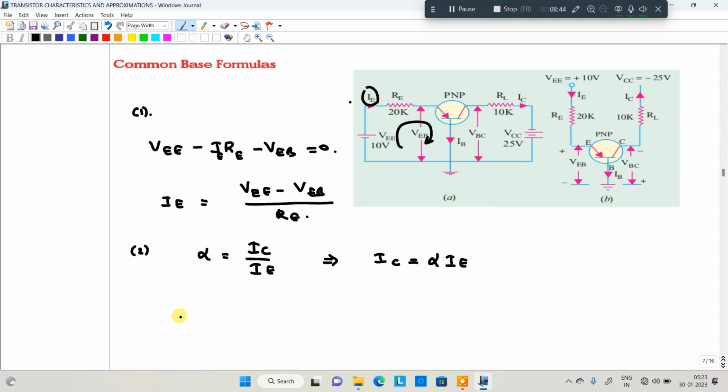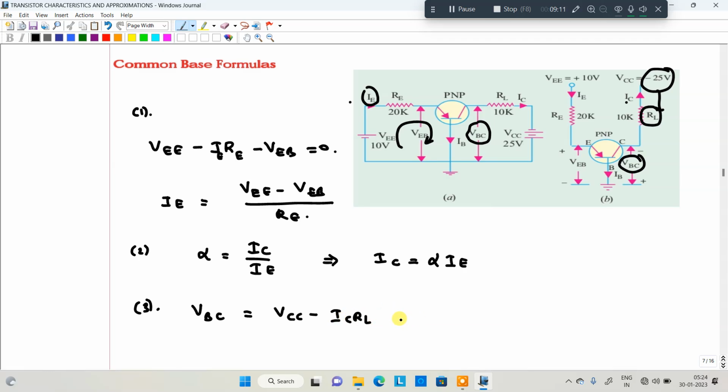Third formula you need to remember, VBC, the base, this particular voltage, that is VBC. How to find out the VBC? So VBC is equal to VCC minus RL into IC. So IC into RL, that is a voltage drop.